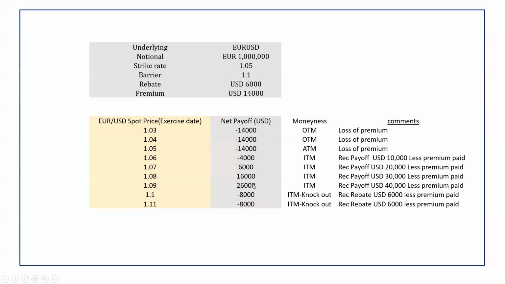Where it gets interesting is 1.10. Once the price touches 1.10, which happens to be the barrier level, the option gets knocked out. The holder will get a rebate of 6,000. So this is how barrier options work in the market.